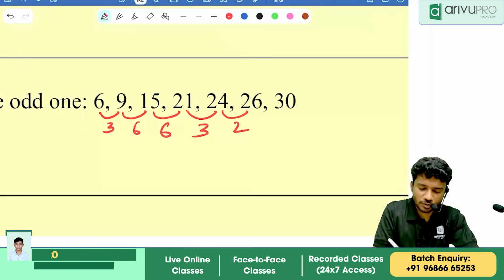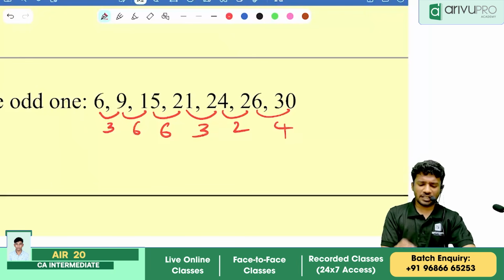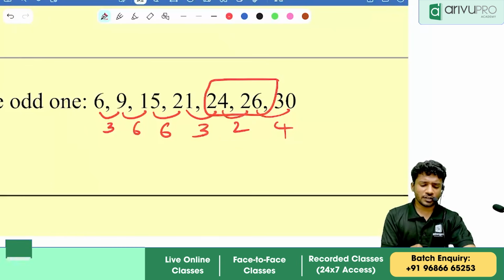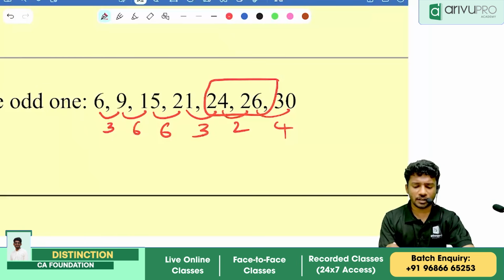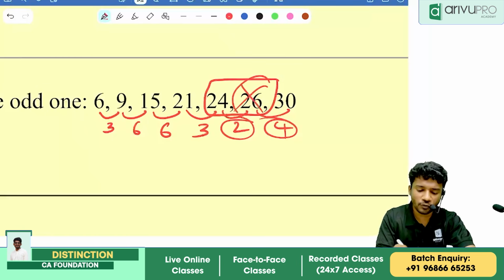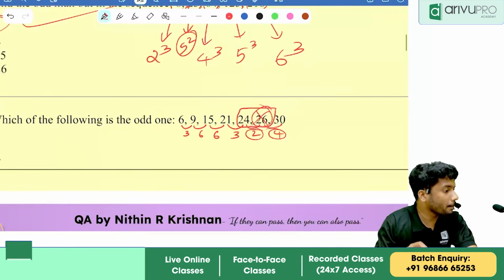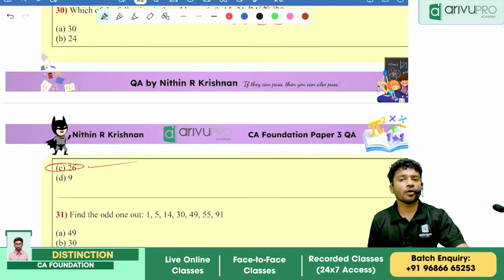What is this? 2. What is this? 4. Look here, some sort of issue happened somewhere over here. Everywhere it was going as a multiple of 3 and something happened over here. This and this is caused by whoever is in the middle. So the answer will be 26, the odd man out.